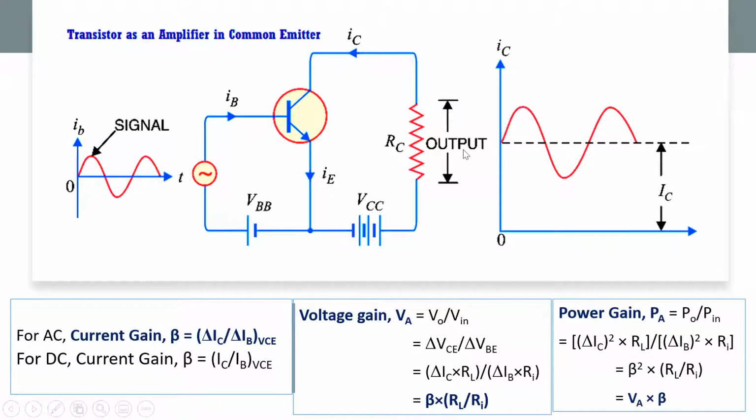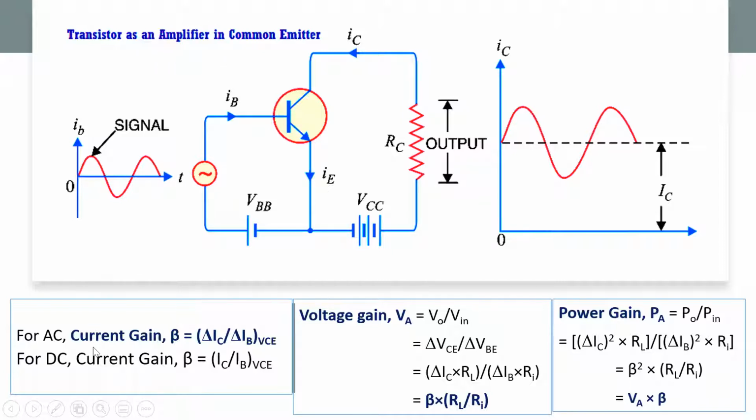So the current gets increased or amplified when it is connected in the common emitter configuration. The input current, which is IB, will be small, but the output current, which is IC, is very large. So that is why we can use this common emitter configuration of a transistor as an amplifier.